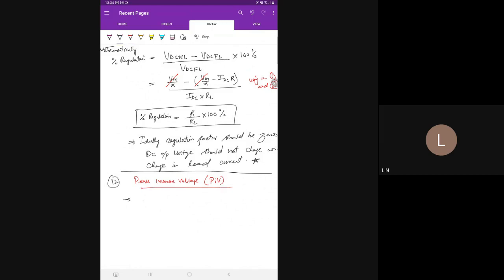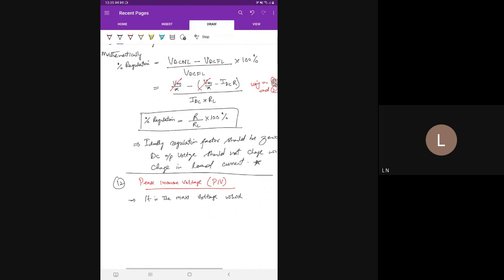Peak inverse voltage is the maximum voltage which appears across a diode when it is reverse biased, or when it is in non-conduction state in a rectifier.